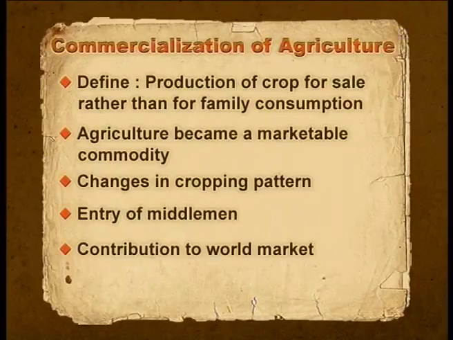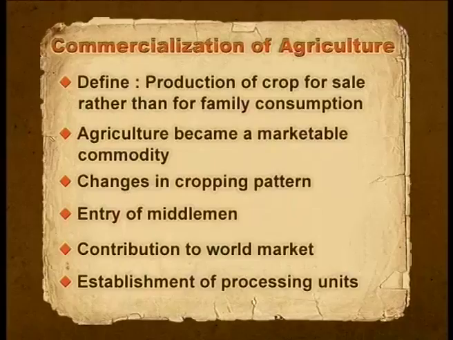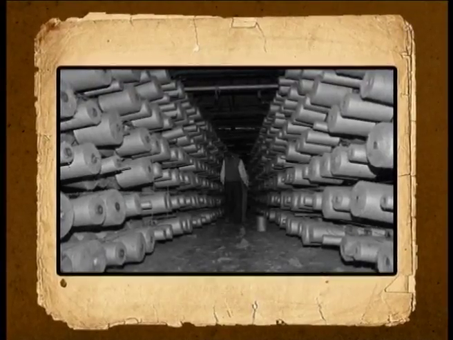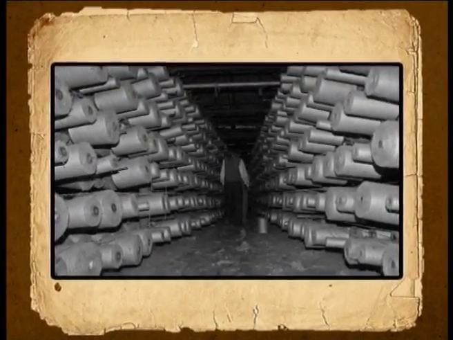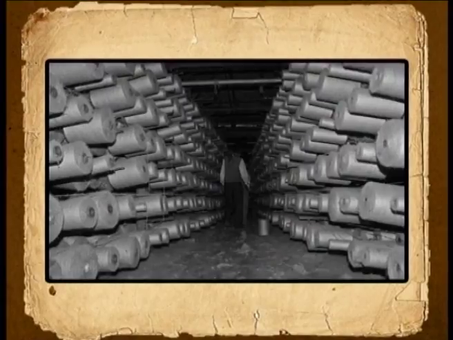In one way, commercialization of agriculture brought linkage with the world market, because agricultural prices, especially cotton and jute, were now related to prices in the international market. In the process, certain processing units were also established. Though in certain ways it was a hard hit, the processing units were established.